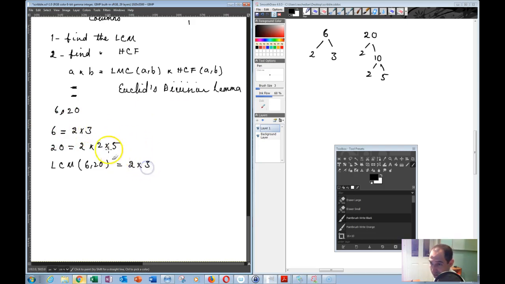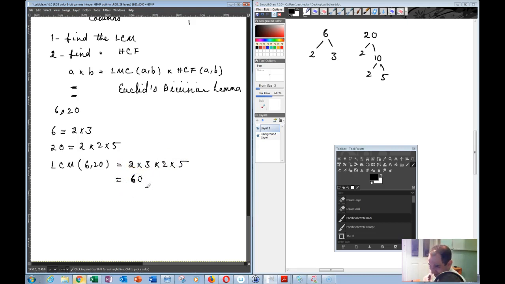And for a 20, you need two factors of 2 and a factor of 5. So I already have a factor of 2, so for a 20 I would need another factor of 2 and a factor of 5. And that's basically the LCM of these two numbers. If you multiply these together, that's 2 times 2 times 3 times 5, which is equal to 60.